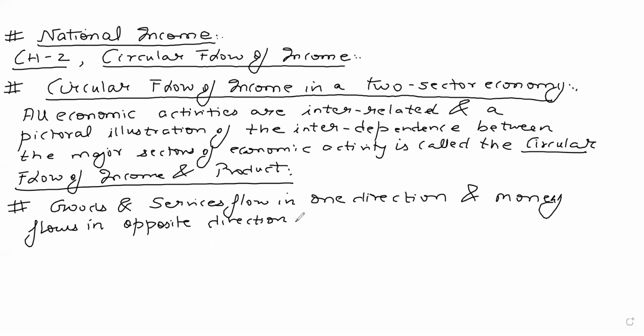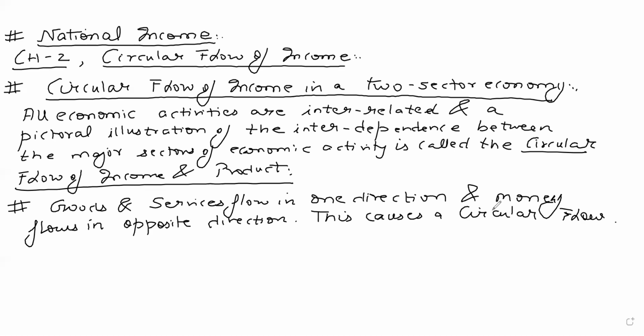So this causes a circular flow. You can clearly see goods and services flow from the firms to the households. Money flows from the households to the firms. Okay, very simple.